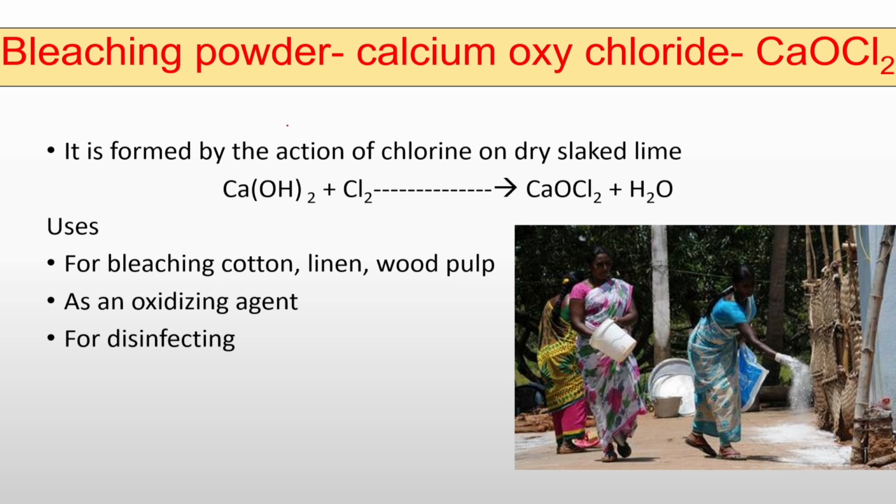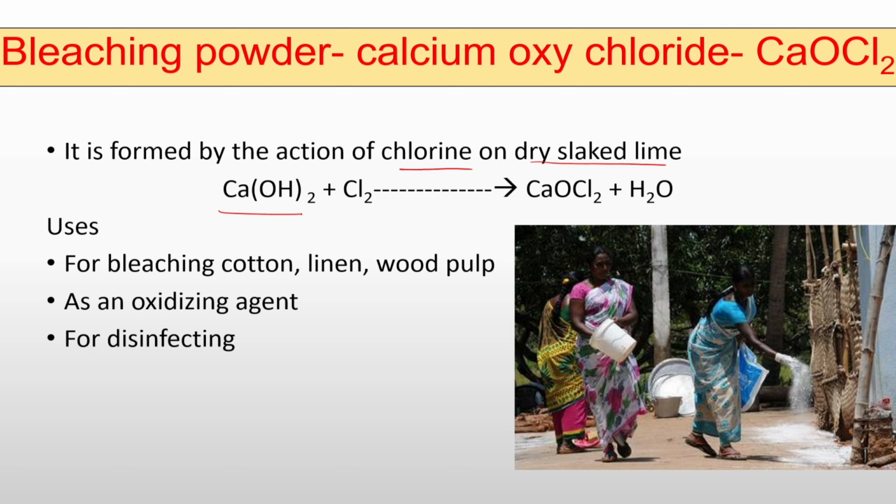Then another compound that can be used is a type of salt which comes from a type of derivative. It is formed by the action of chlorine on dry slaked lime.